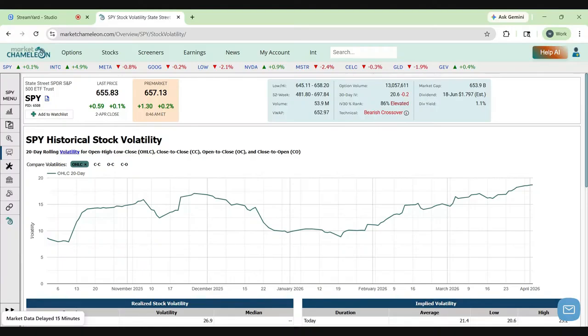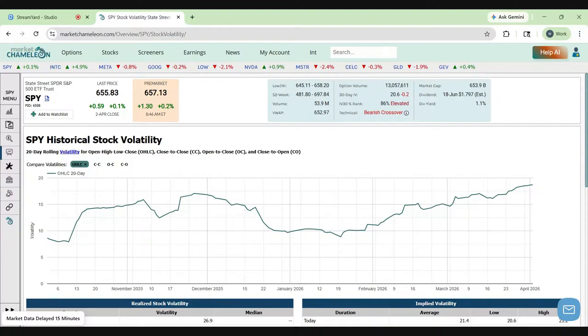So look at the last 20 days and see where the stock closed on this day, where it closed the next day, then the next day, and so forth. We could calculate the volatility doing that, and then plot it against the open, high, low, close, and it'll give us an idea where volatility is coming from, or where it's greater.